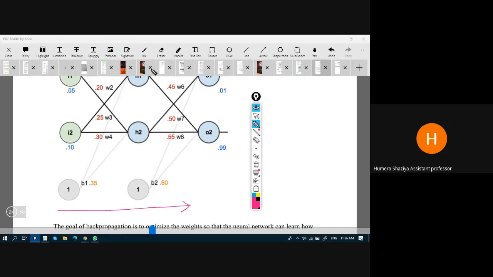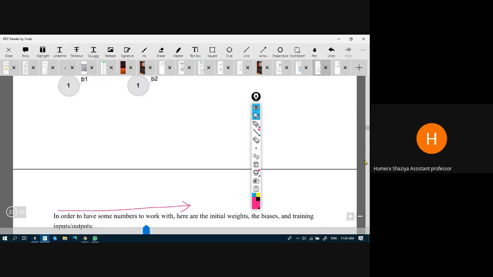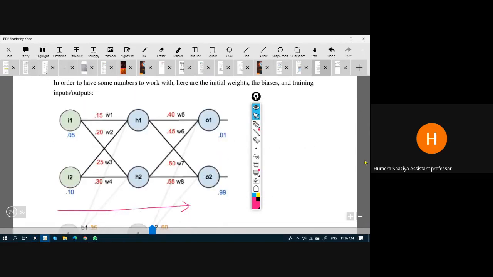H1 is equal to W1 into I1 plus W2 into I2 plus this B1.